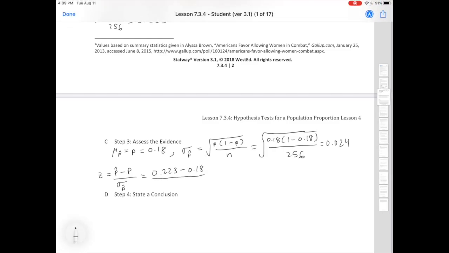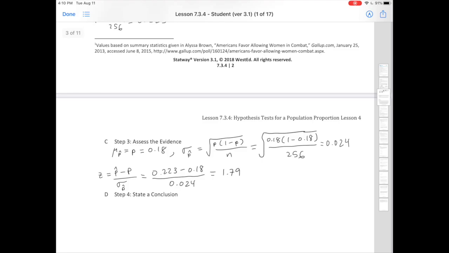And then we're going to divide that by the standard error, which is 0.024. So let me go ahead and do that in my calculator. So when I divide that, I end up with 1.79. Okay, 1.79.